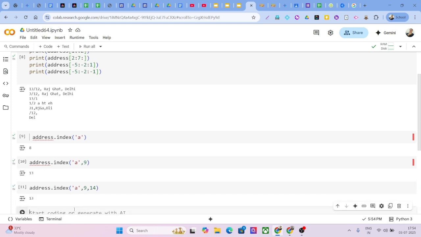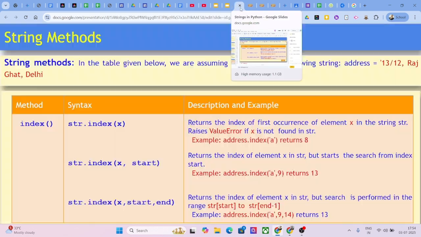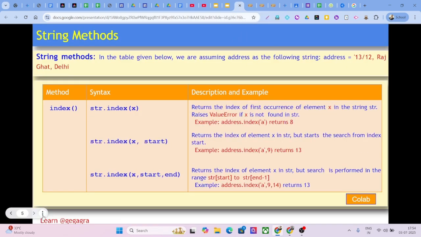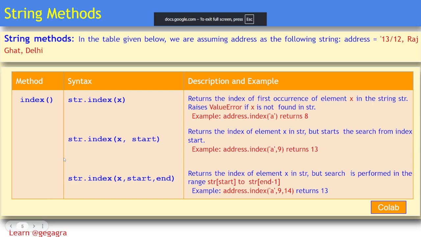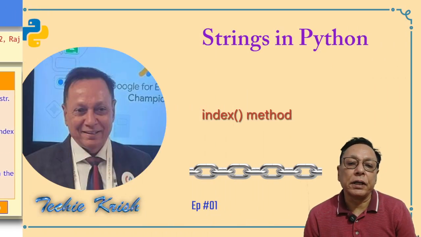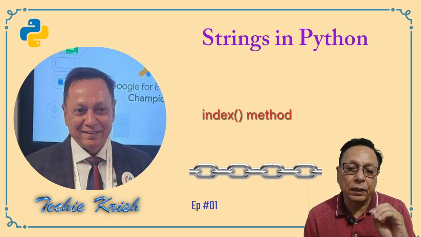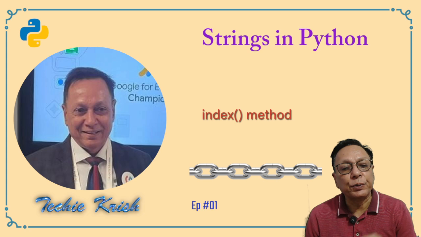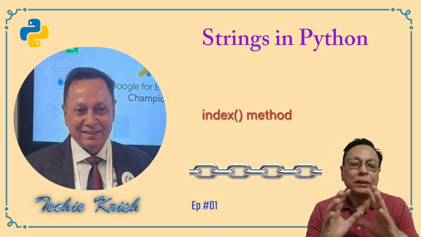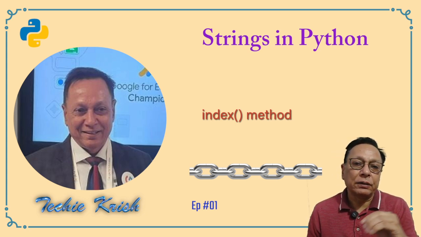See here. So this is how we can use the index function in a string, and it shows the index of the character which we want to find within the string. There are three formats.